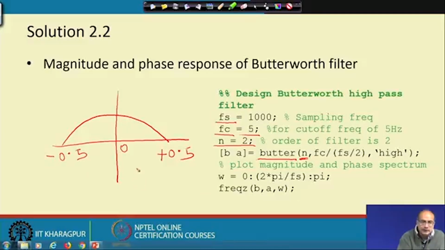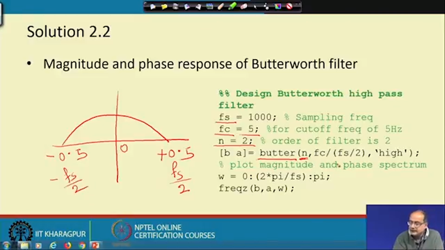Okay. So, in that way, it is actually half of the sampling frequency, we can write fs by 2 here and minus fs by 2 there.